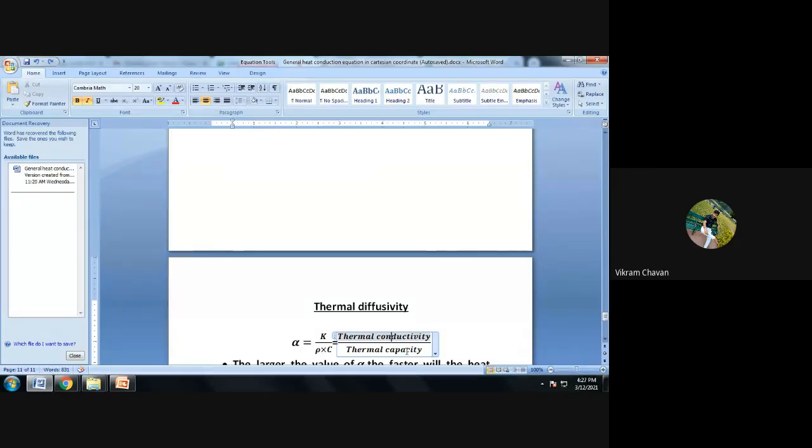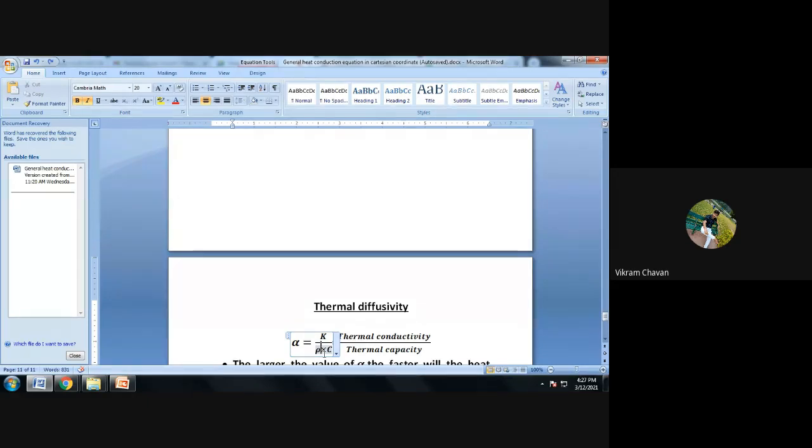Whereas the second term in this equation for alpha is rho C, rho multiplied by C. That is density multiplied by specific heat, which is called thermal capacity. Now what does it signify? If any material has higher thermal capacity, then that material stores a maximum amount of heat.